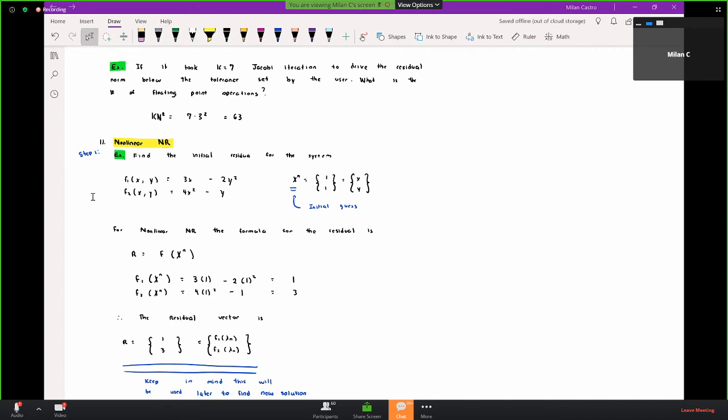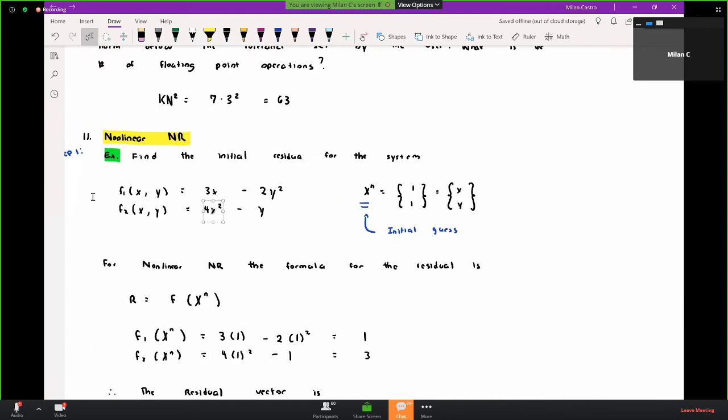We're given these functions and an initial guess of x equals (1, 1). I just like to write our initial guess as equal to our x and y values.